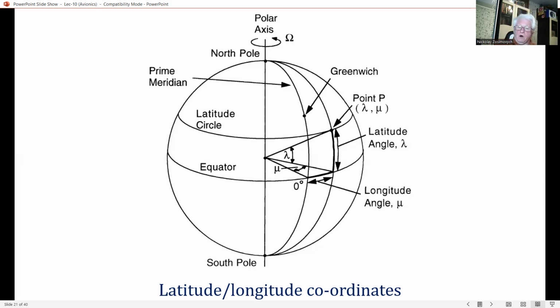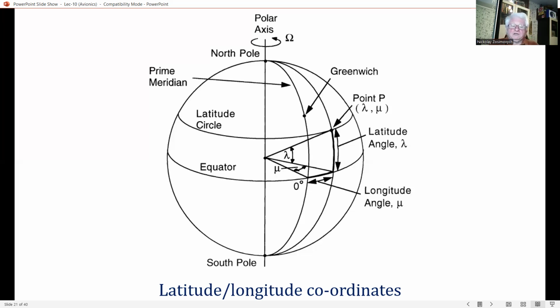The longitude of a point on the Earth's surface is the angle subtended at the Earth's center by the arc along the equator measured east or west of the prime meridian to the meridian passing through the point.